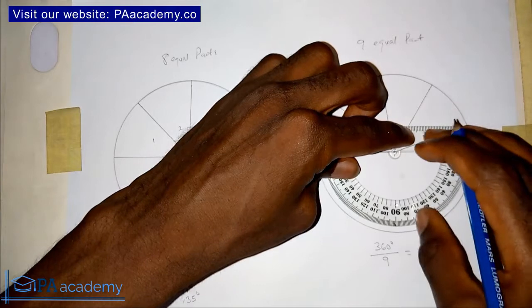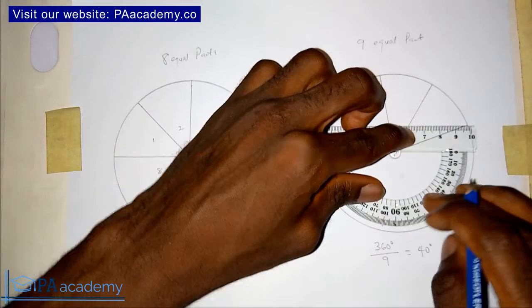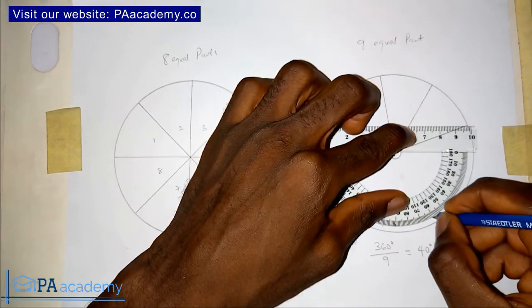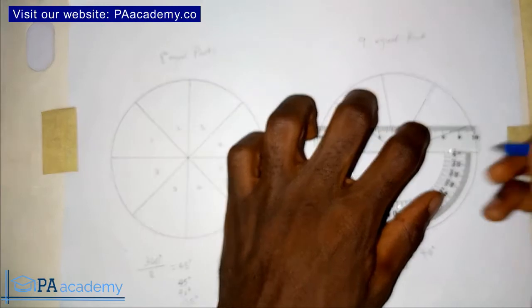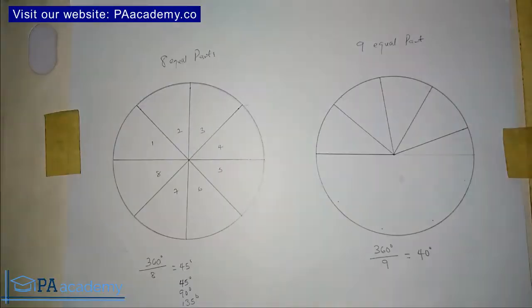So the next one, plus another 40, will be 80. Then plus another 40, that will be 120 degrees. And then the next 40 will be 160 degrees. So we've noted that, so we can take it off.